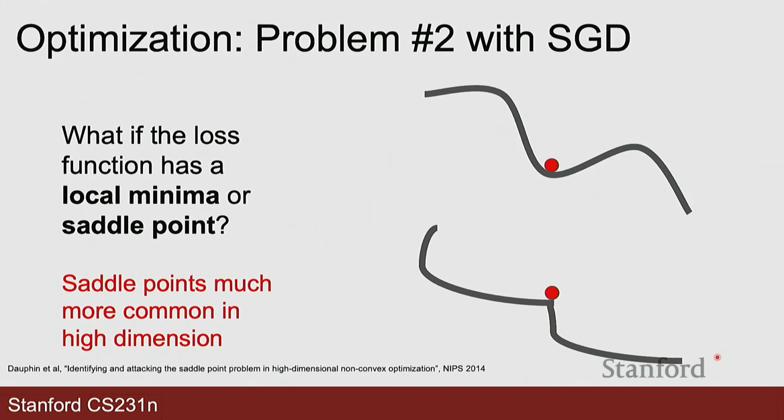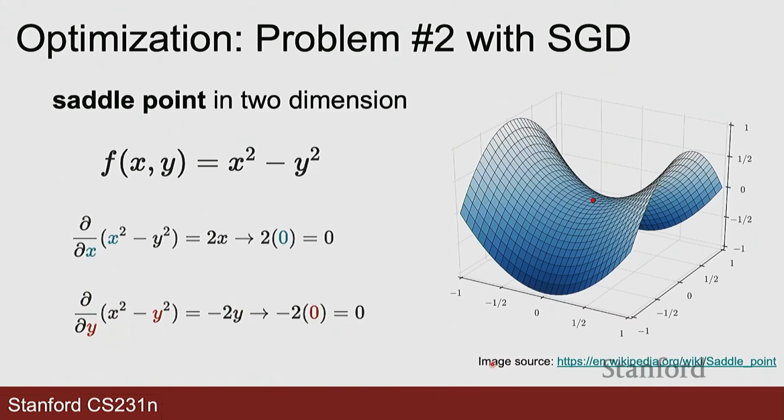Okay. I think one of the other things that you might not know is that empirically, saddle points are actually much more common as you move to higher dimensional models. So as your weight matrix gets larger and larger, you're more likely to find these saddle points. And there's a paper describing the frequency of them. If you don't know a saddle point, it's called a saddle point because it's shaped like a saddle, like on a horse. And at the center of the saddle, the gradient is actually 0 in all directions.